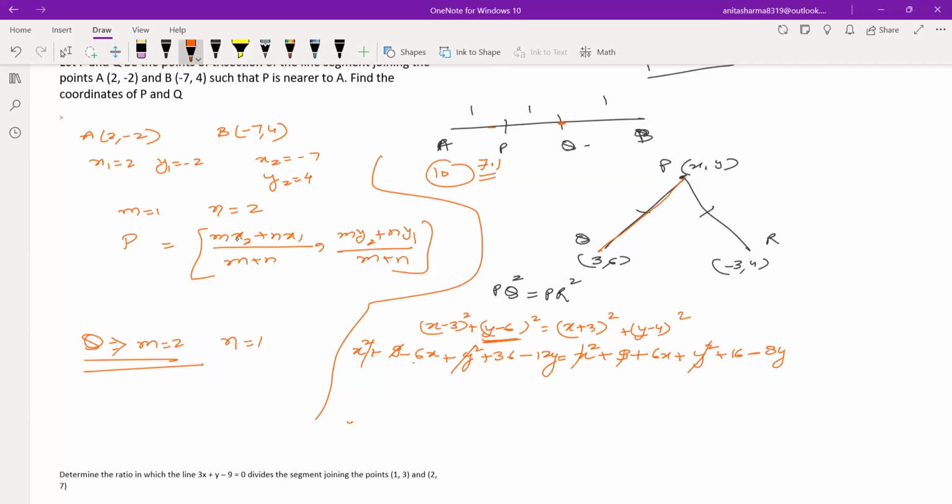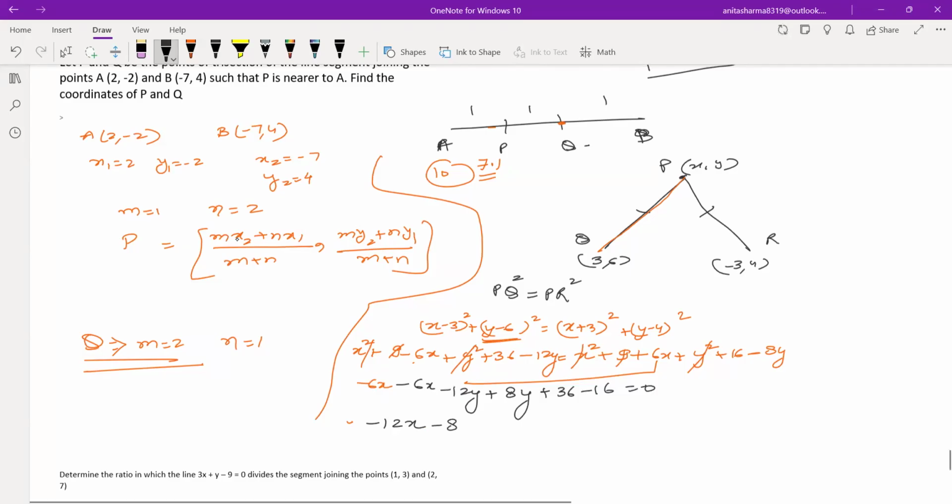Anything else which will be cancelled? No. So now minus 6x, then transpose this 6x also. So minus 6x, then minus 12y, then plus 8y, plus 36 minus 60. So now minus 12x, minus 4y, plus 20 is equal to 0.